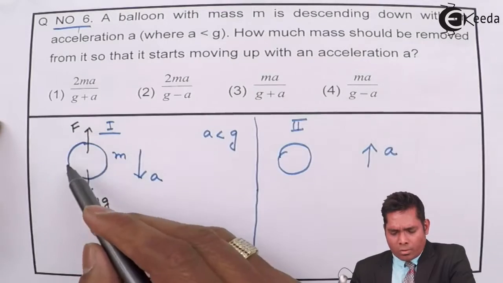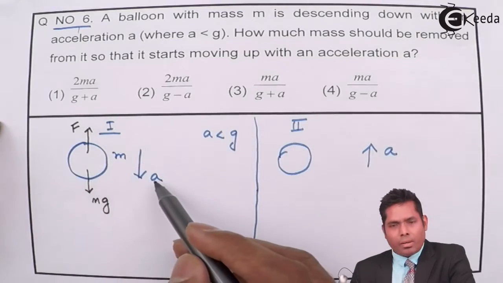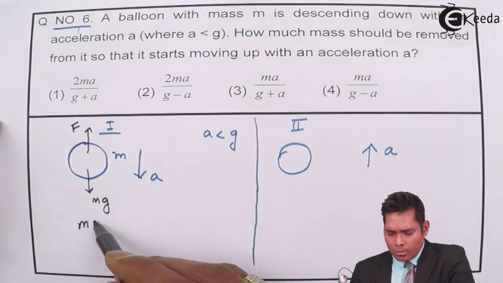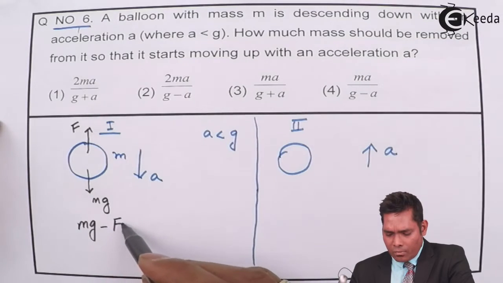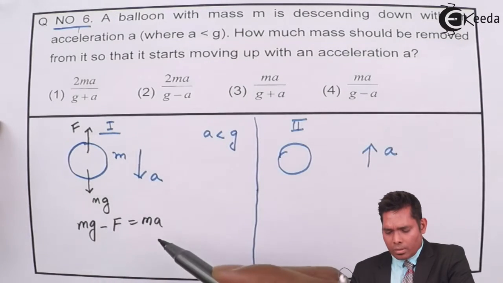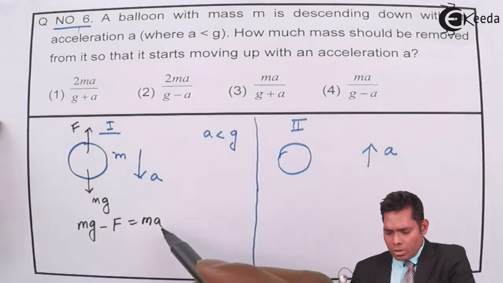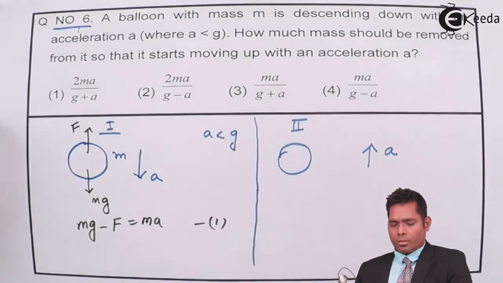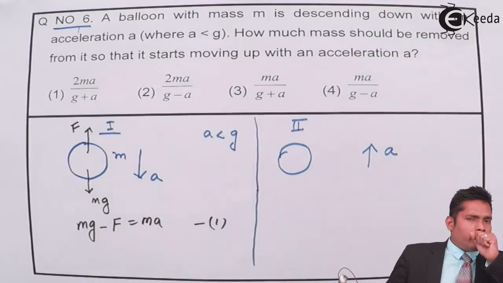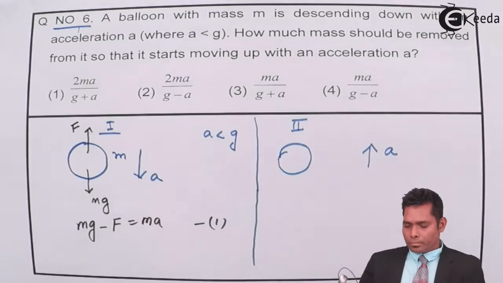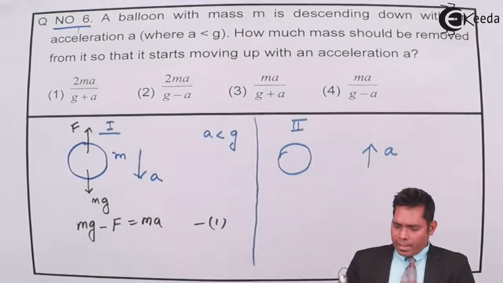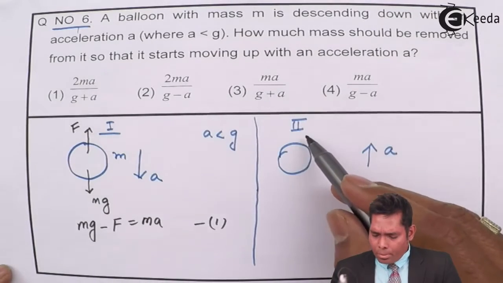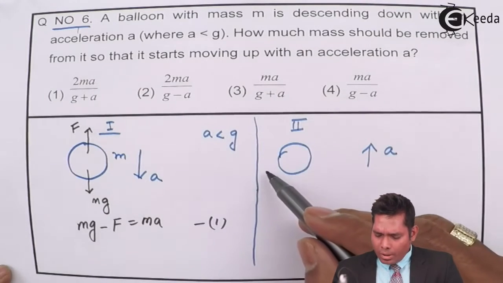The net force on this object is mass into acceleration. So I'll write that because this is moving down, mg minus f is m into a. Okay, this is one equation that I'll write. In the second case, this balloon has to move up, but some mass is removed.